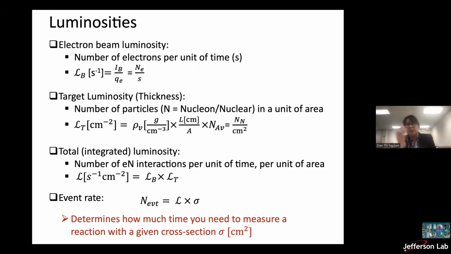Everything depends on how this event rate looks, right? So for example, if you have an event rate of 10 events per second, and you want to have 1,000 events, you know how much time you need. This is determined by the statistics, meaning how many events you want for each measurement so that you have a small enough statistical uncertainty.